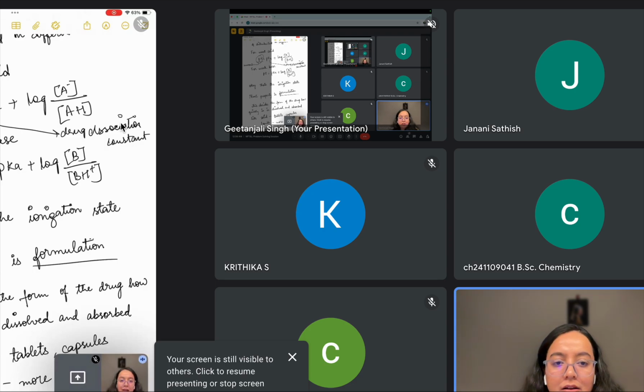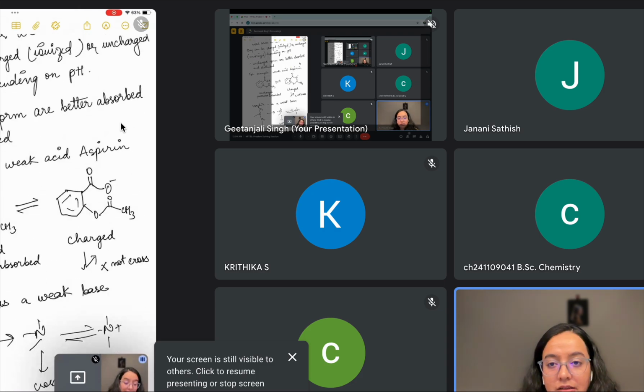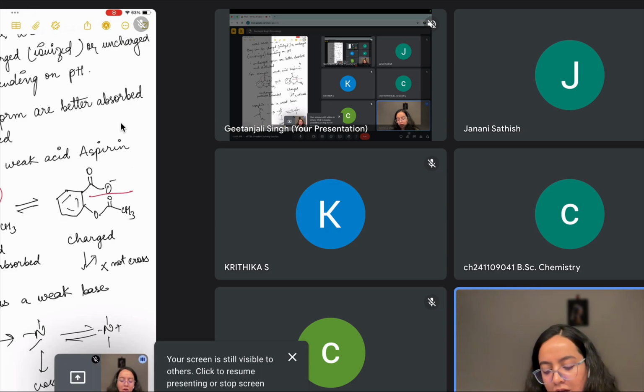A minus is the ionized form of the acid, because you can see here this is a weak acid, aspirin. Once it's charged, when it's deprotonated, this carboxylic acid moiety gets ionized to O minus.